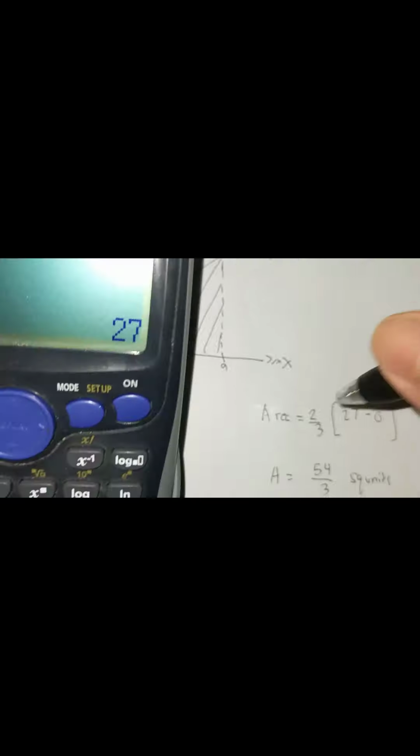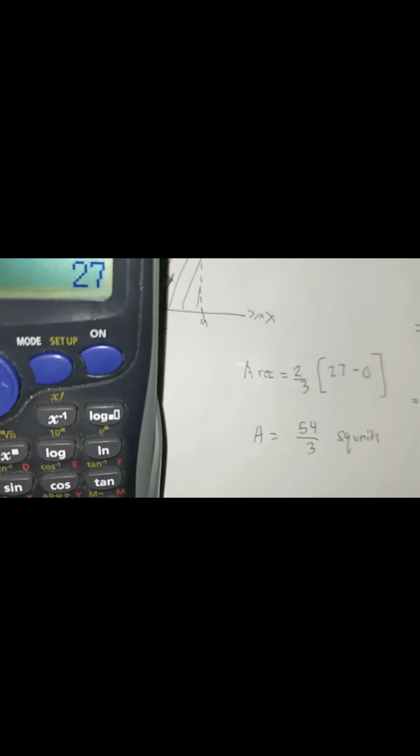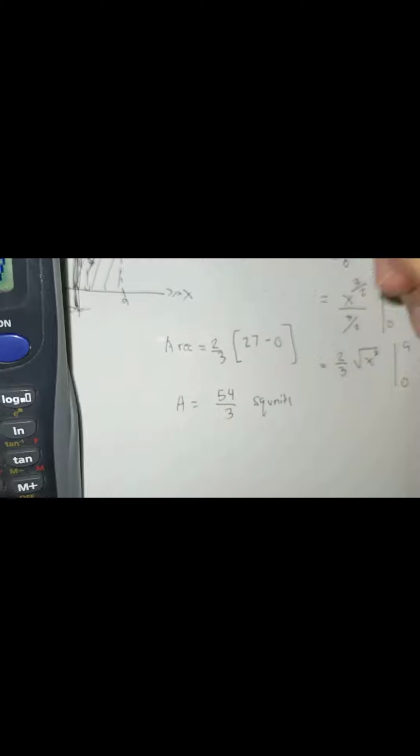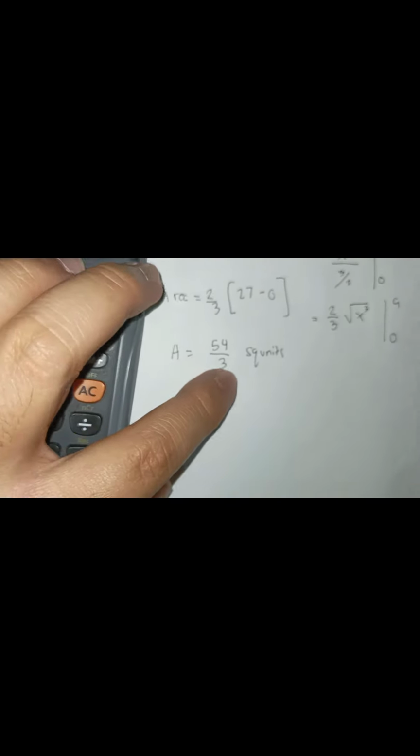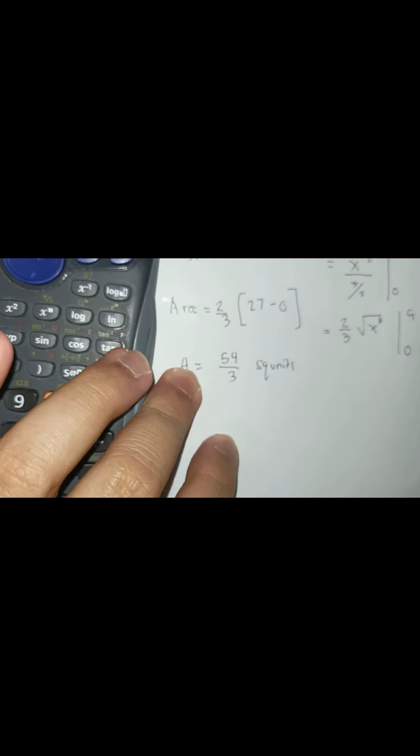For the square root of 9 cubed, if we solve it, square root of 9 is 3, and 3 cubed is 27. Then just copy the 0, even if you solve 0, it's still 0. It will become 0 here. 2/3 times 27 minus 0, and then you just multiply the numerator by 27. It will become 54 over 3 square units.